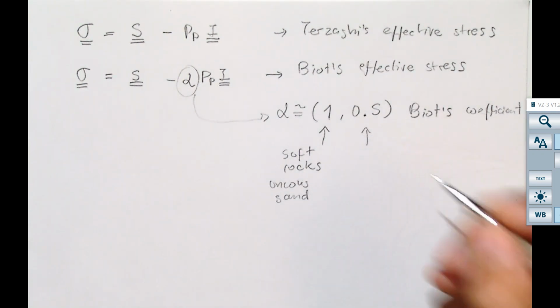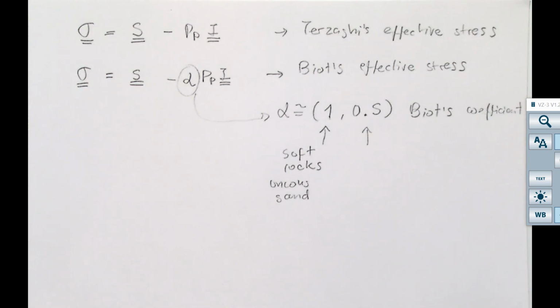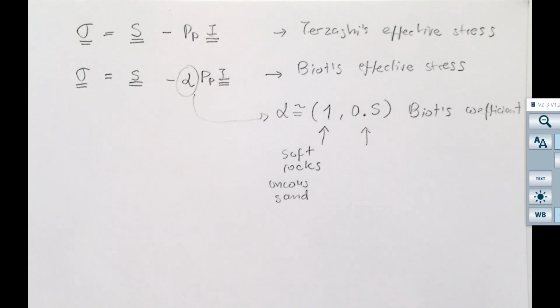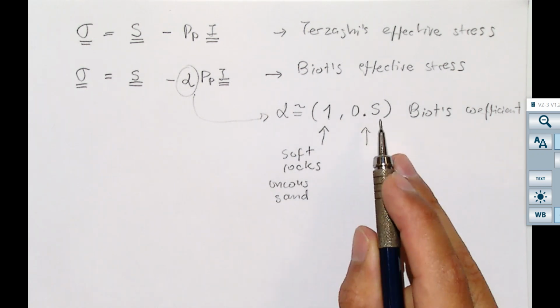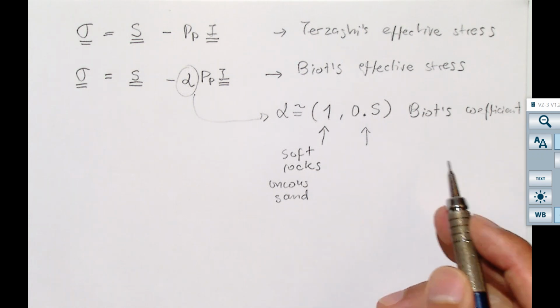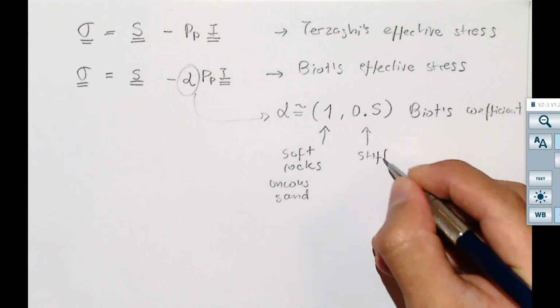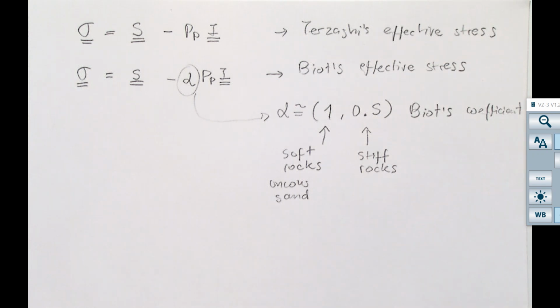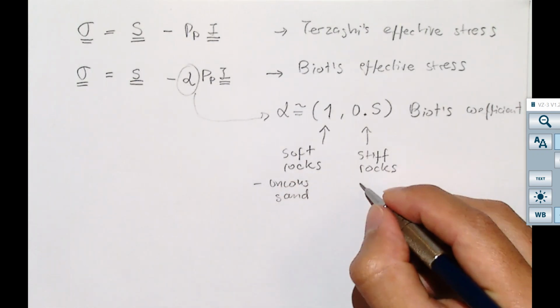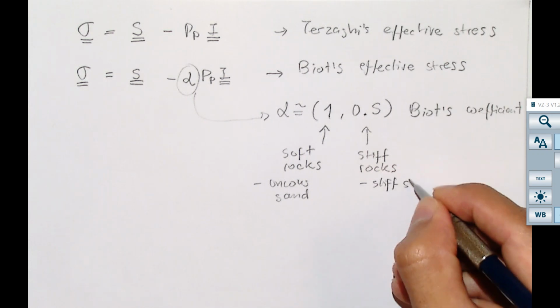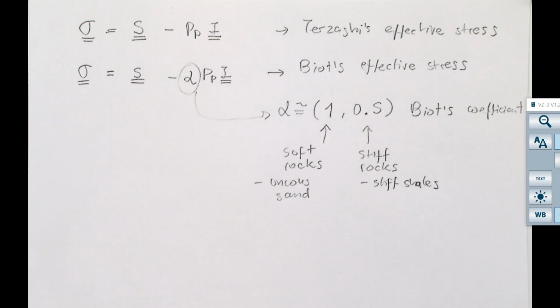However, when you start to have very small pores with a lot more solid than porosity, this coefficient starts to get lower and lower, which means that deformation goes onto the solid matrix and also on the pore. And this usually is valid for very stiff rocks. So for example, very stiff shales, particularly if you look at small pieces of rock, will have a very low Biot coefficient.